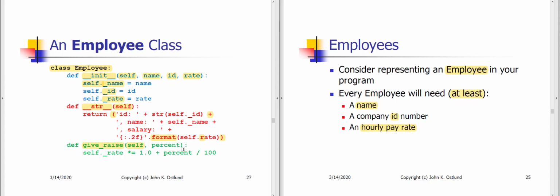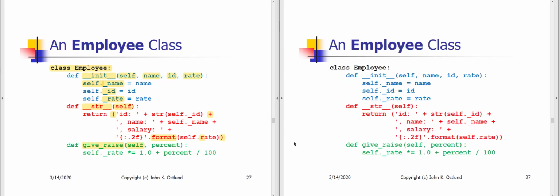So we're going to convert that argument into a fraction by dividing the percentage by 100 and then adding 1. And so the employee's rate is going to be either increased or decreased by that factor. Alrighty, so there's the code for implementing the employee class.